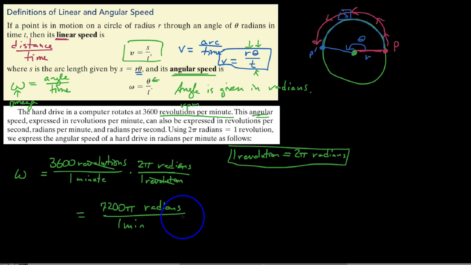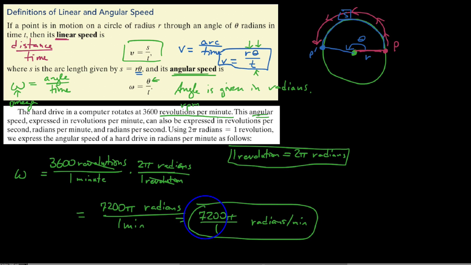So one thing that I would recommend you do is this. We could say 7200 pi, and I'll put over 1, even though I wouldn't normally do that, but we usually have a denominator that's not just 1. And off on the side here we say radians per minute. We put the units off on the side. So we say here's our number of radians per minute, and this would be our angular velocity, and all we had to do was determine how much angle we went over time.